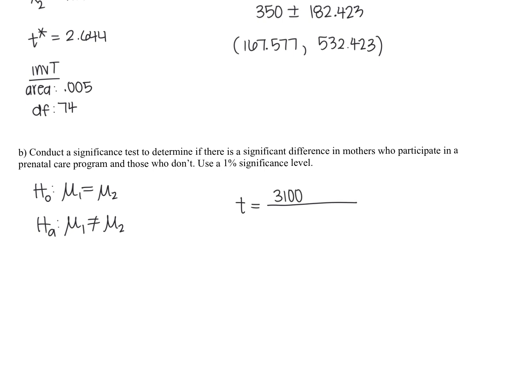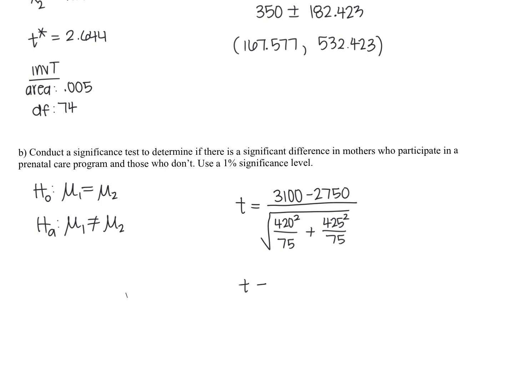So we still have 3,100 minus 2,750 in the numerator, and then my standard deviation or standard error in my denominator is the square root of 420 squared over 75 plus 425 squared over 75.